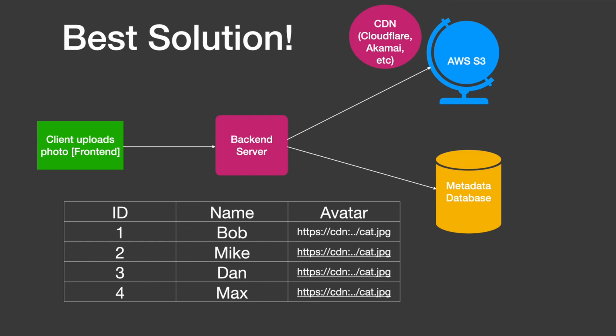So it's much more performant and a much better user experience. That pretty much sums up the design I wanted to come up with today. This is pretty common in today's world, and most companies use an architecture like this.